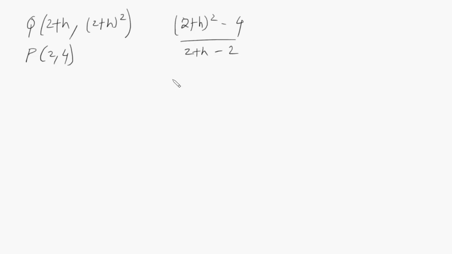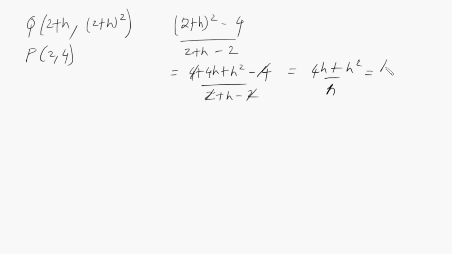Okay, so this one is just equal to 2 plus h squared, which is 4 plus 4h plus h squared, minus 4, over 2 plus h minus 2. So this one is just equal to 4h plus h squared over h.